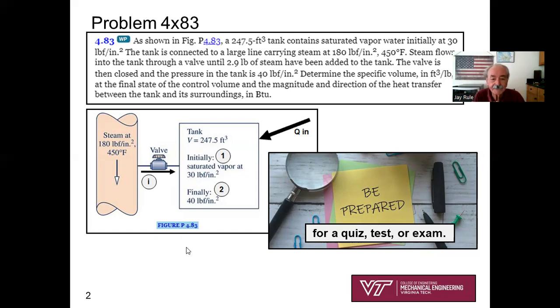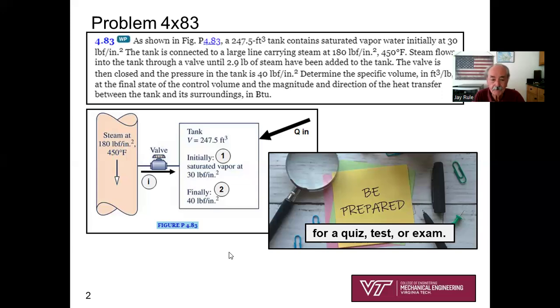Steam flows into the tank through a valve, shown here, until 2.9 pounds mass of steam have been added to the tank. The valve is then closed, and the pressure in the tank is 40 psi.